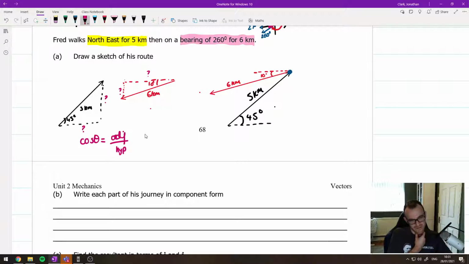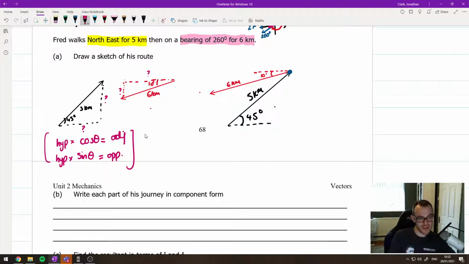And if you rearrange that formula, you bring the hypotenuse up, you can say that the hypotenuse times cos theta is immediately going to give you the adjacent. Similarly, you could say that the hypotenuse times sine theta is immediately going to give you the opposite. So these will be quite useful to speed the process up a little bit.